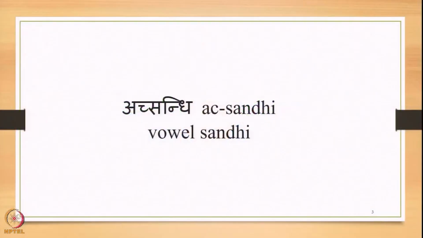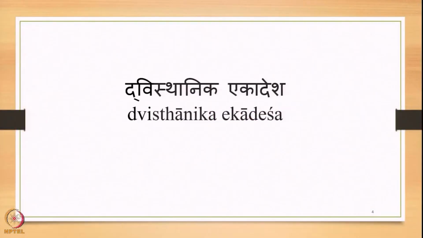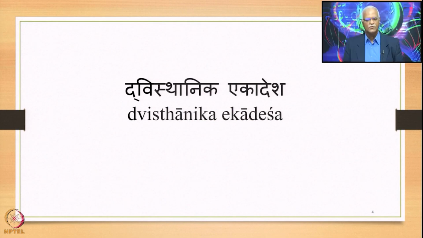In this lecture we continue studying the ach sandhi or vowel sandhi. We have seen that there are two classifications available in ach sandhi. First one being ekasthanika ekadesha and the second one is dvisthanika ekadesha.